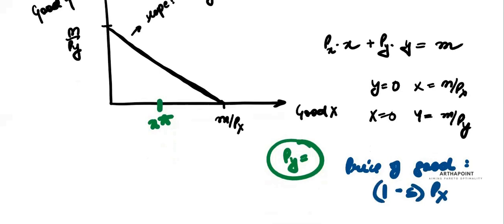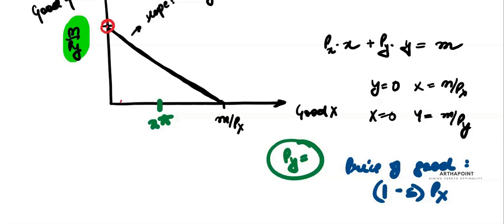So the price of good X is a little lower. Price of good Y is the same. Now, if I ask you what is going to happen in this case, see, if you spend your entire income on good Y only, nothing changes. You will be here only.